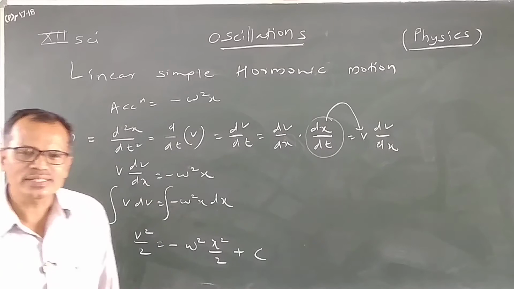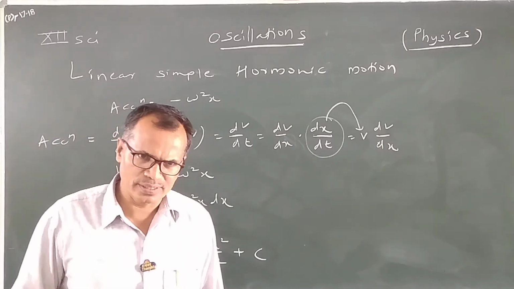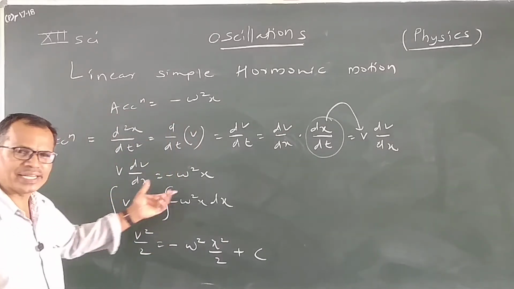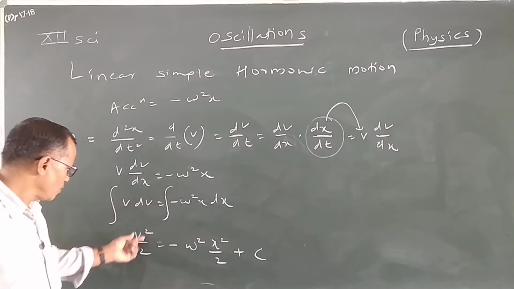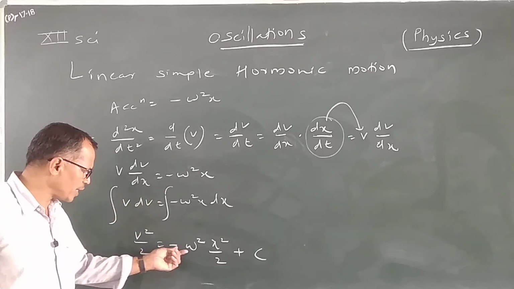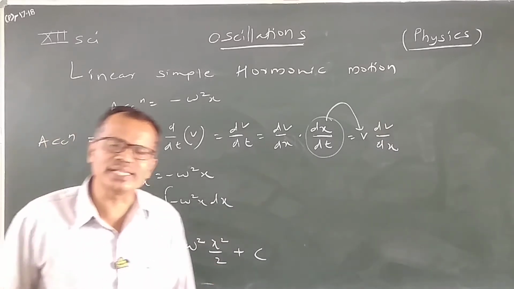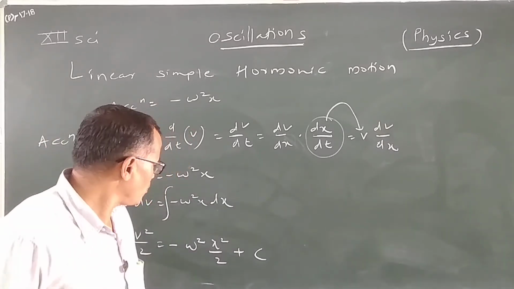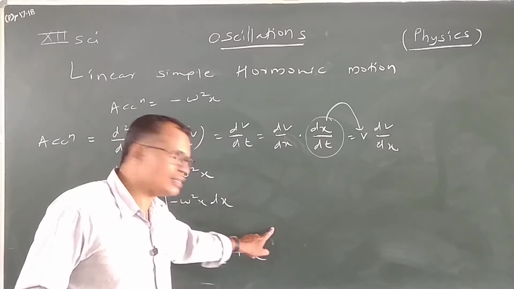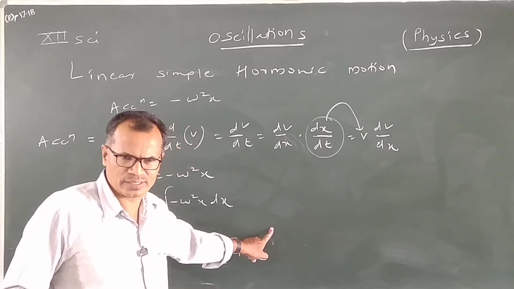What is c? c is called a constant of integration. That is the equation that represents the integration: v square upon 2 is equal to minus omega square x square upon 2 plus c. c is called a constant of integration.